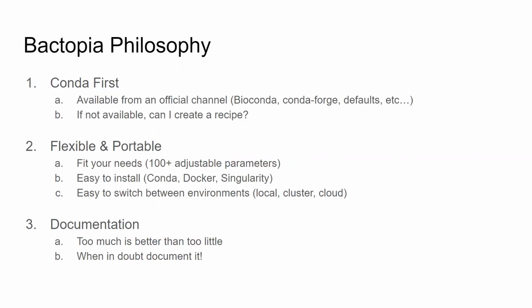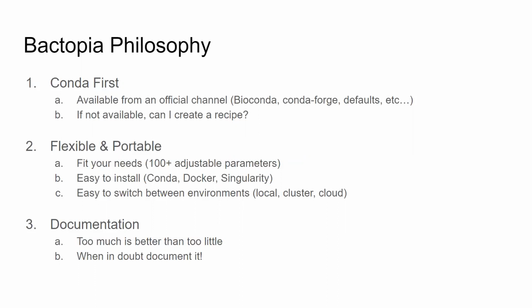I chose official channels. Yes, there are some tools that are on personal channels, but if it's on an official channel, it's more likely to be maintained. If a problem arises, there are going to be more people who can fix that real quick. Whereas if it's on a personal channel, I might have to track you down, or I may have to make a copy and create one myself.